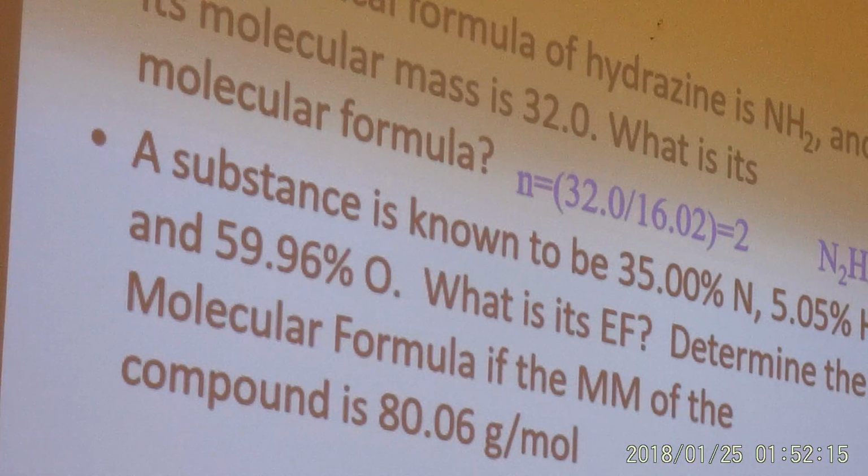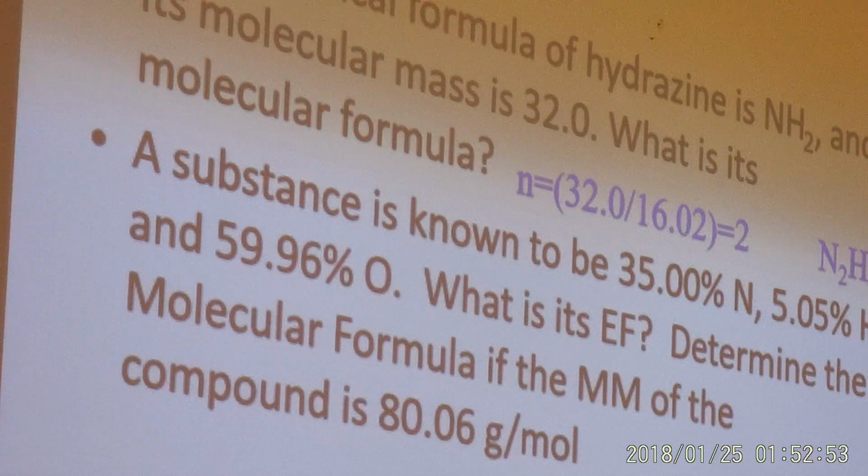So what we need to know is how many moles of nitrogen, how many moles of hydrogen, how many moles of oxygen. So we set ourselves up an equal sign. What are we going to put to the right of the equal sign? If we're trying to identify the empirical formula, what goes to the right of the equal sign? Nitrogen.